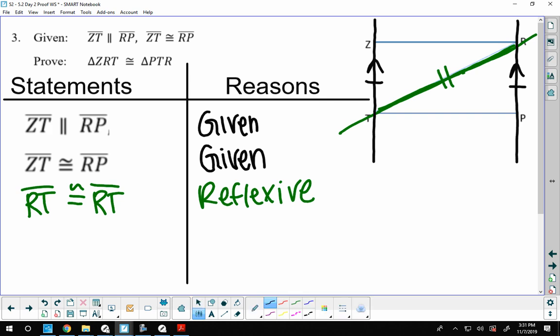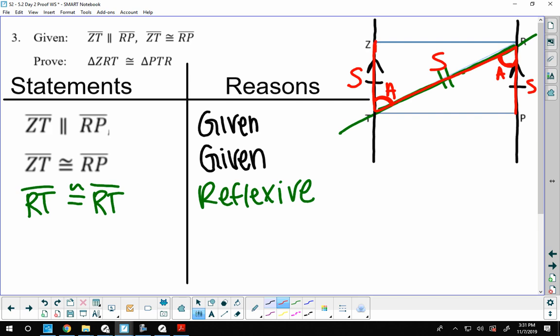So if I want to use side angle side congruency postulate, right now we have a side and we have this side, so we need the included angle between those two sides. So we'll look at this angle, and if you look over here, the alternate interior angle is right here, and those are congruent. So that is also the included angle between these two sides. So now, by SAS, I can prove that my two triangles are congruent.